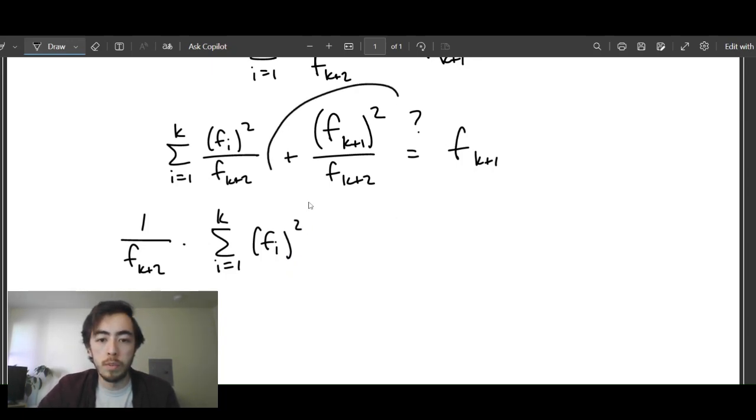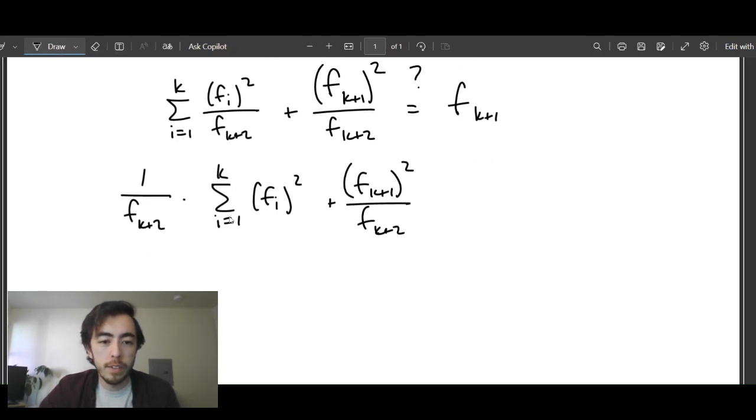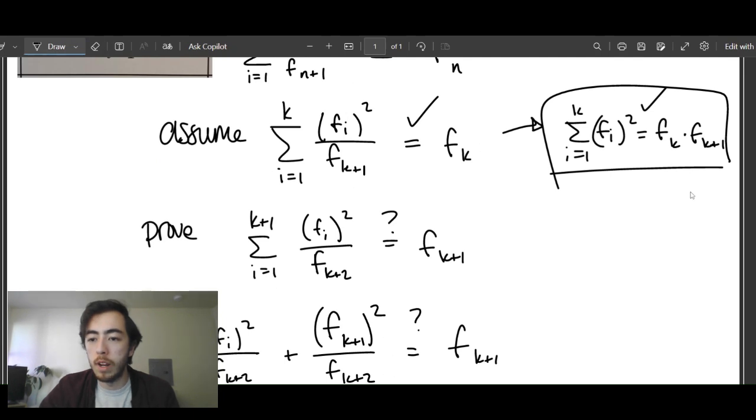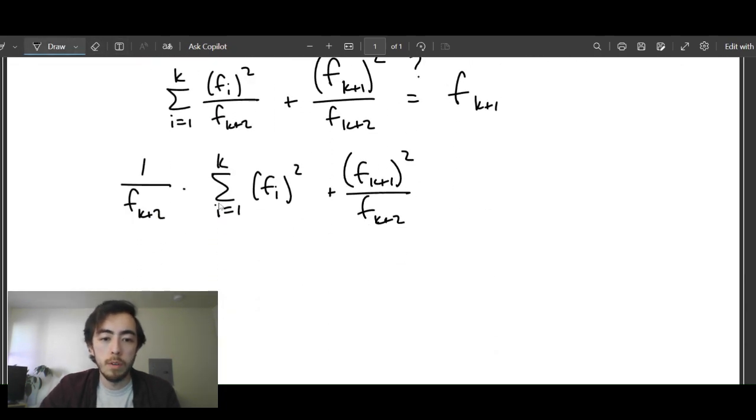And this term is still going to be right here. And so now I have the sum of the squared Fibonacci terms up until some number. And based on my assumption, I know that I can rewrite it as just a product of f sub k times f sub k plus 1. So I want to replace this part with f sub k times f sub k plus 1.